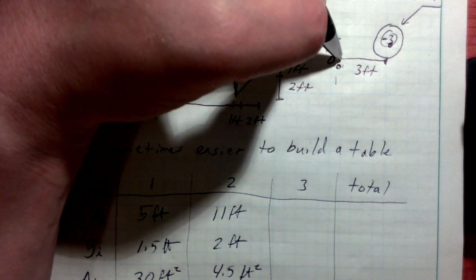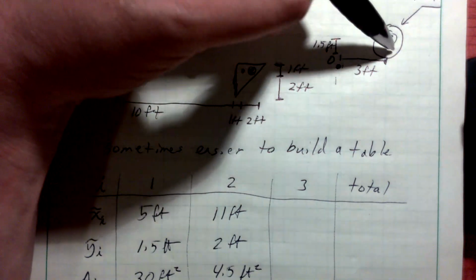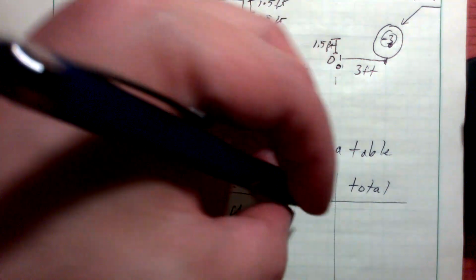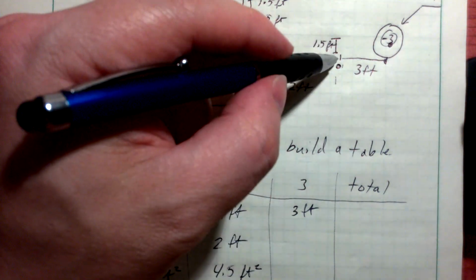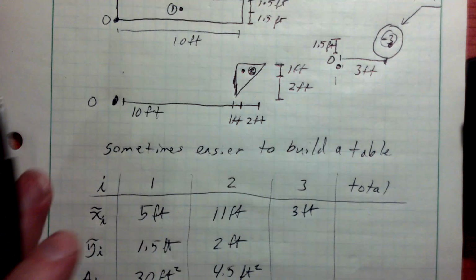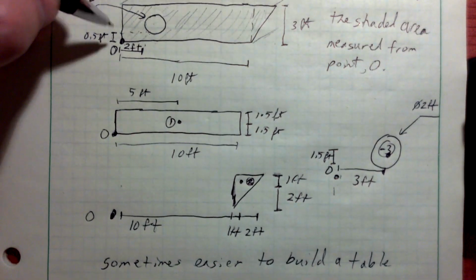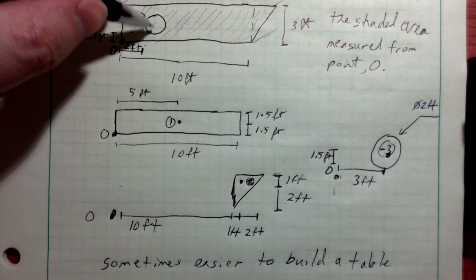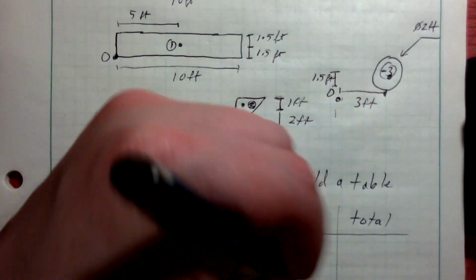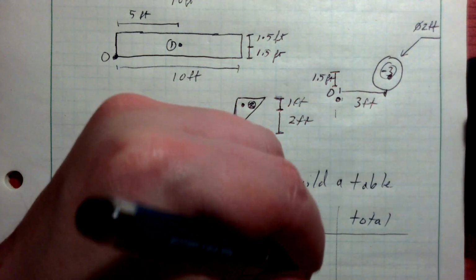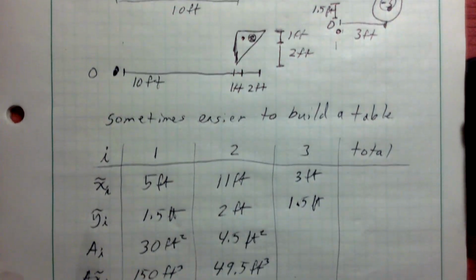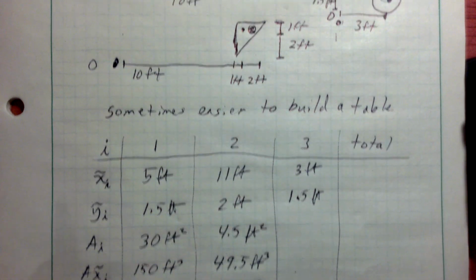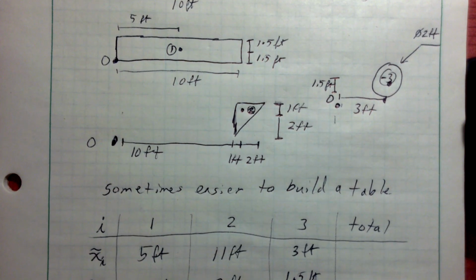Now, the location from point O to the center of this circle, we said the x location is 3 feet. The y location, again, remember if we go back to the original, it's 1/2 foot up to the edge. It's a 2 foot diameter, so it's 1.5 feet in the y direction up to the center of that circle. And the circle is 2 foot in diameter.